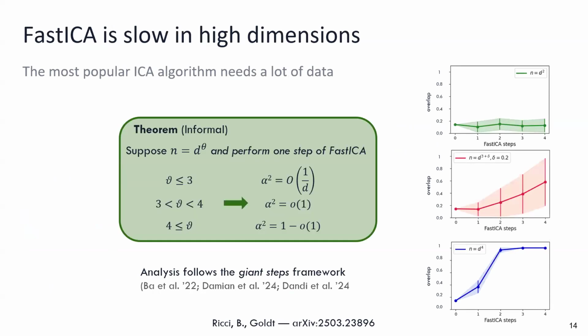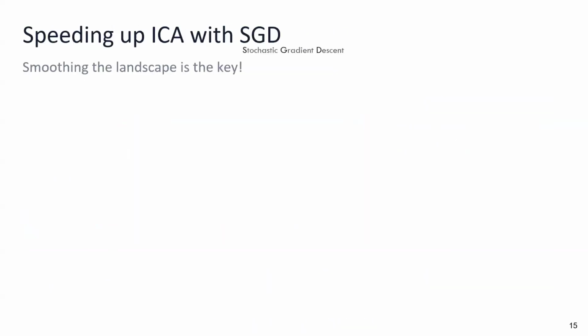Okay. So this is the theorem, and we expect to be able to speed it up. So let's go to SGD, stochastic gradient descent, which I realized I didn't put the formula for, but it's basically the standard algorithm with which you optimize neural networks.